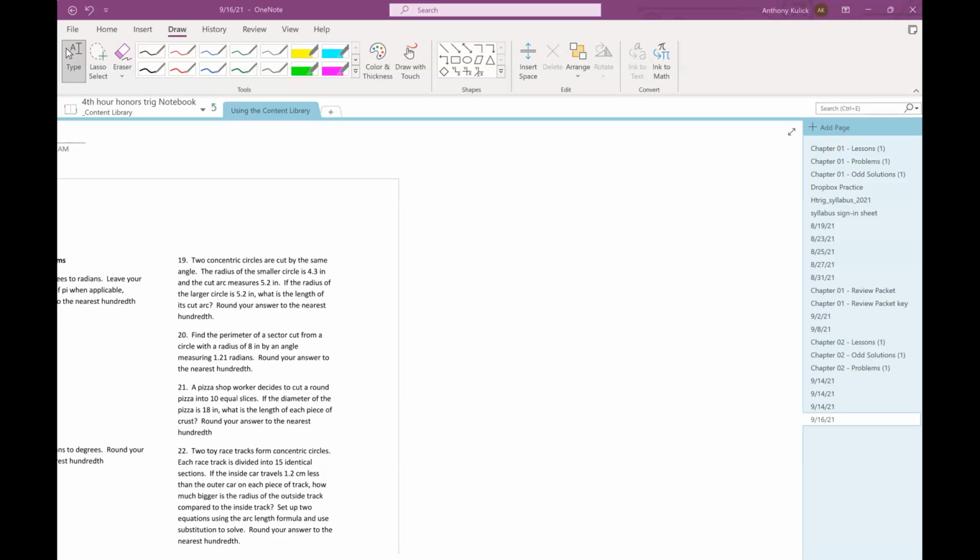So 18, we're given some information about an arc length, a radius, and an angle.